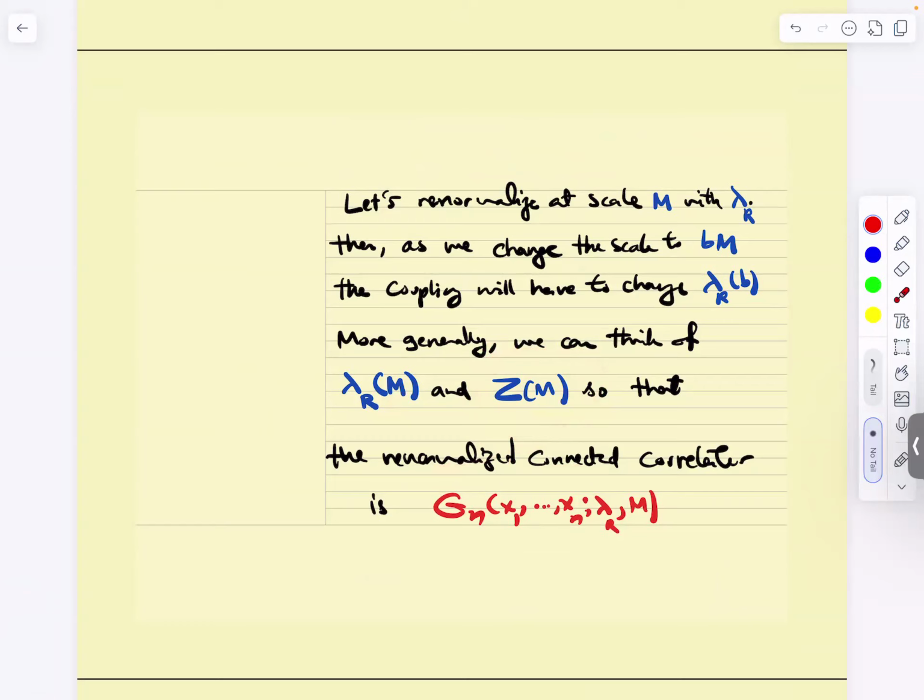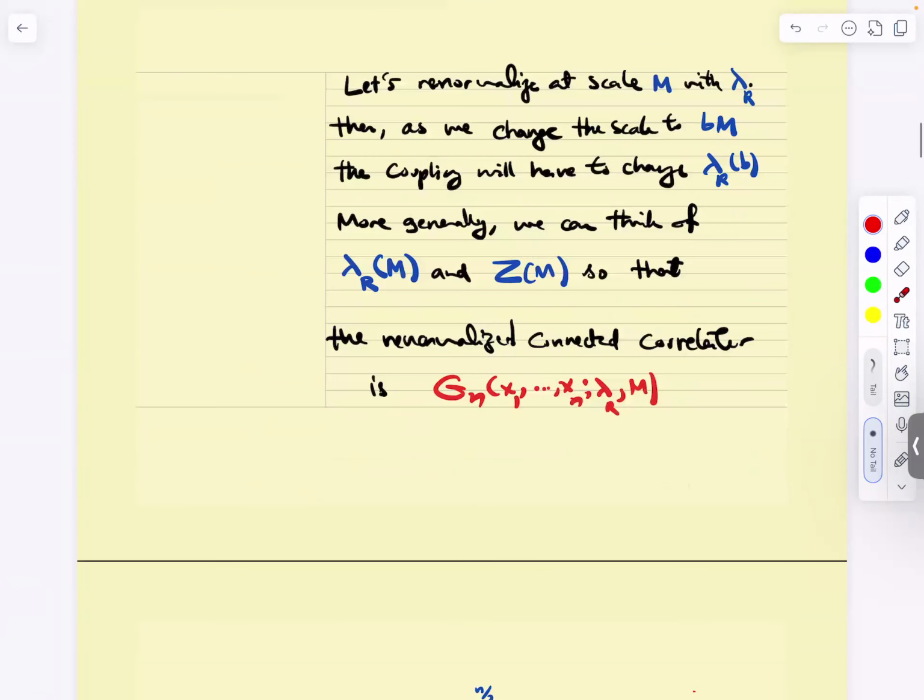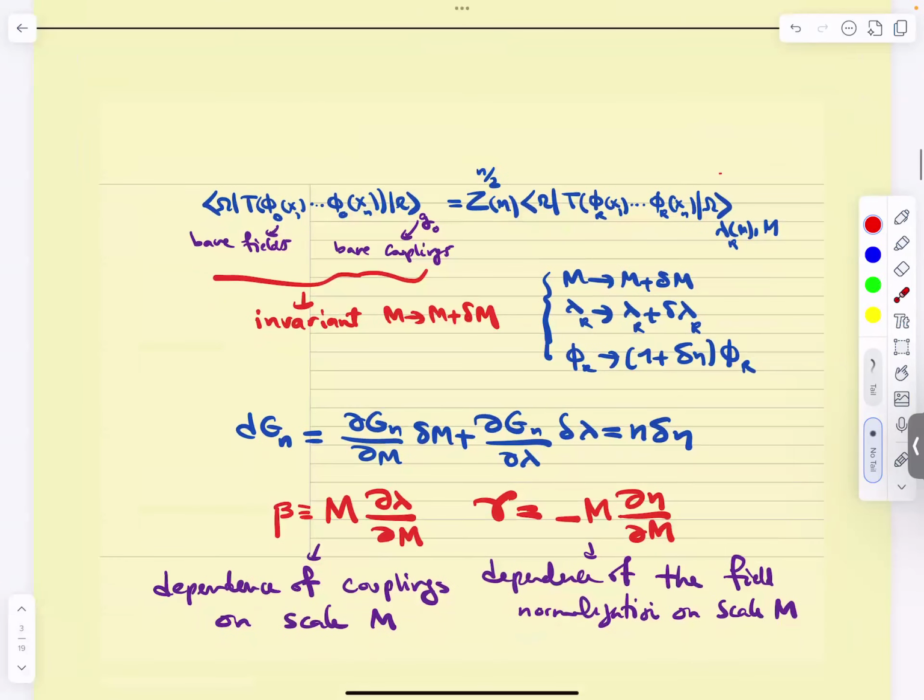Call the n-point connected correlator at renormalized physical mass M with renormalized couplings lambda r, G_n. All right. So here is the relation. Consider the n-point function of the bare fields, in the bare theory with the bare couplings. We're going to write it as the n-point function of the renormalized fields.